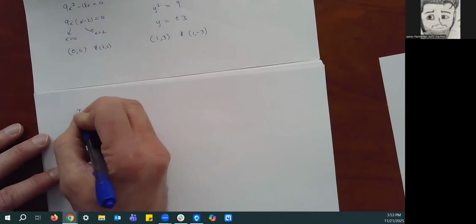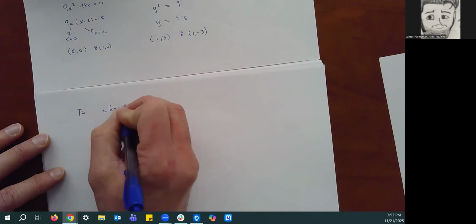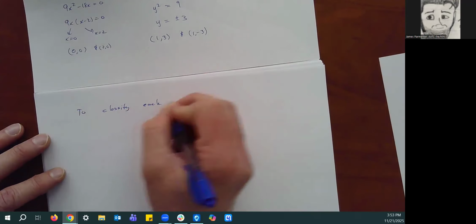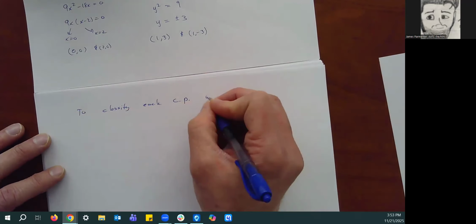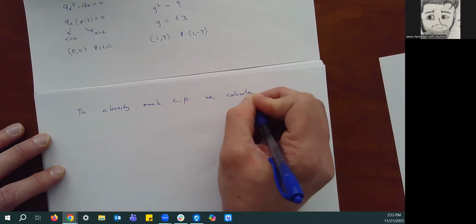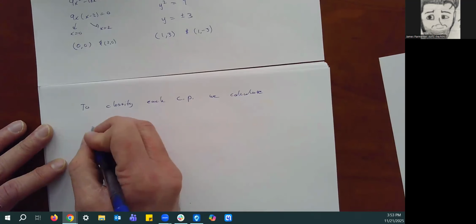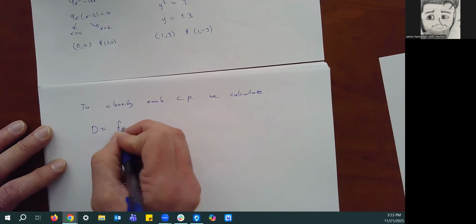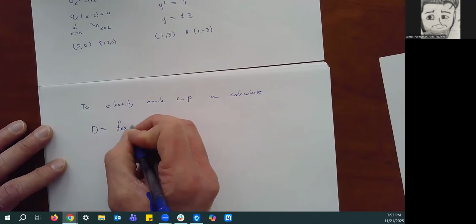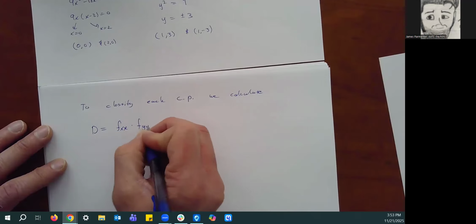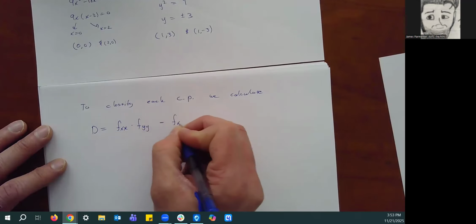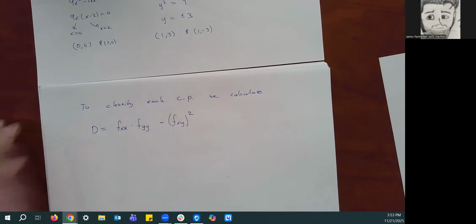So to classify each critical point, we calculate D equal to the second partial of f with respect to x times the second partial of f with respect to y minus the mixed partial squared.